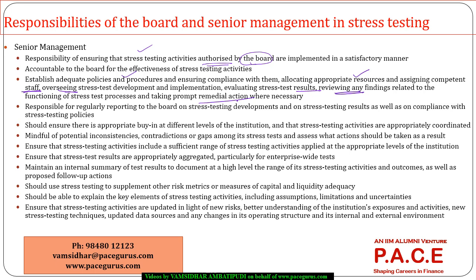So the execution part is majorly in the hands of senior management. The strategic part of stress testing is more in the hands of the board of governors.